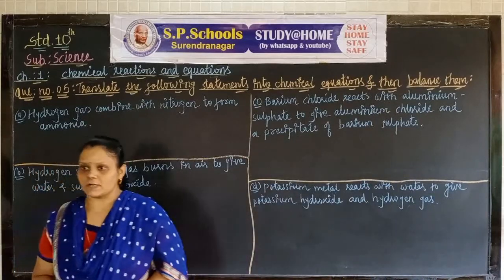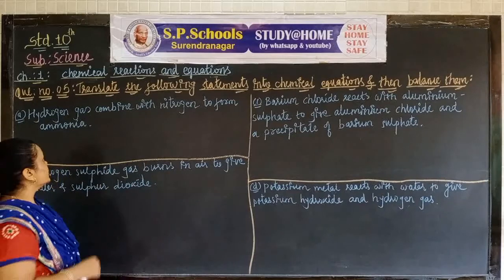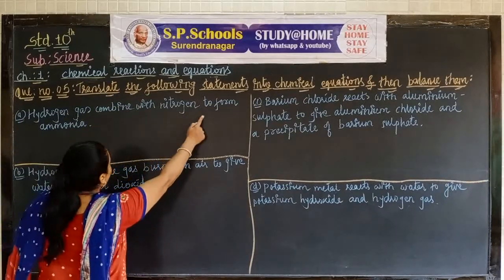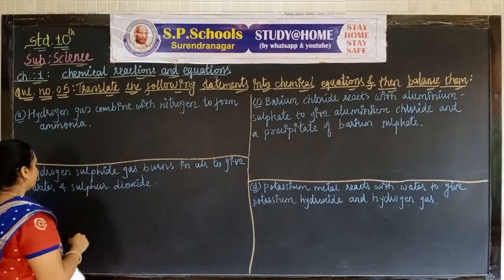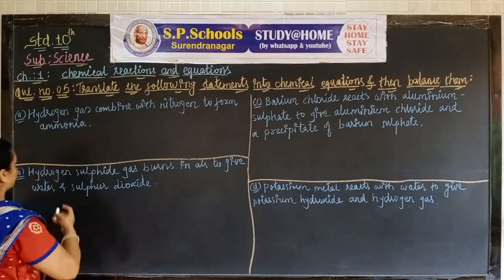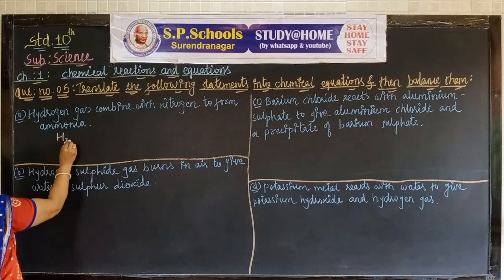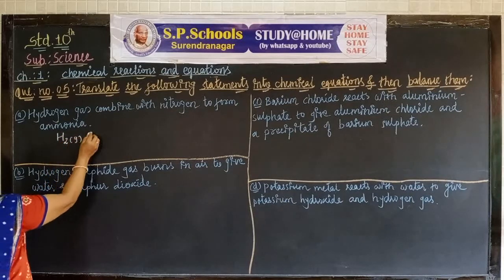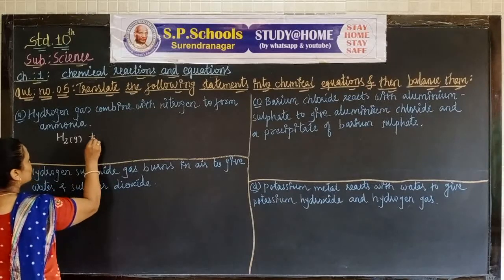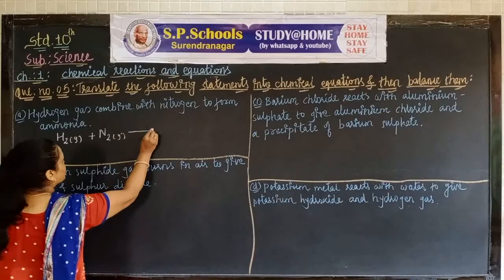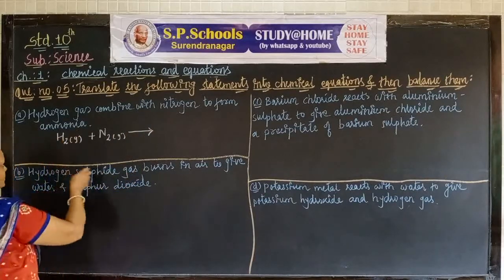The first one is hydrogen gas combined with nitrogen to form ammonia. First write the formula of hydrogen gas, which is H2 combined with nitrogen, write N2 gives us ammonia.